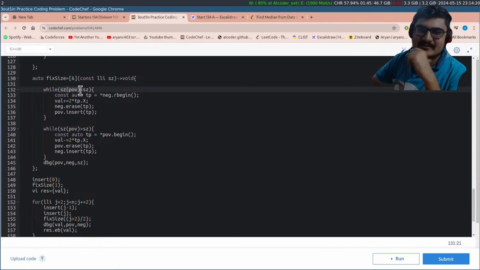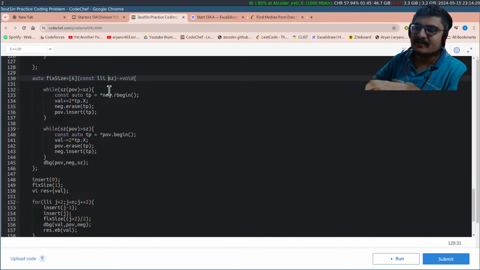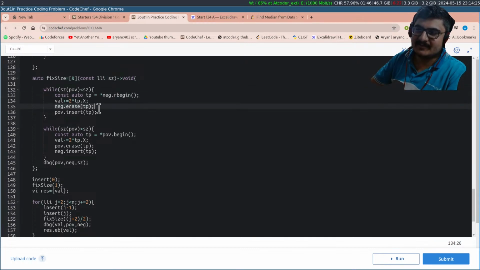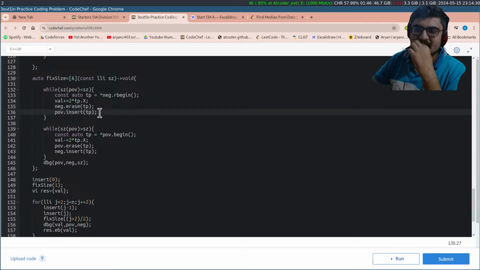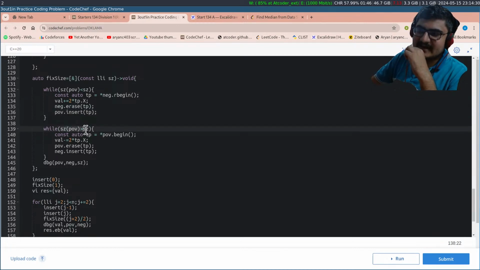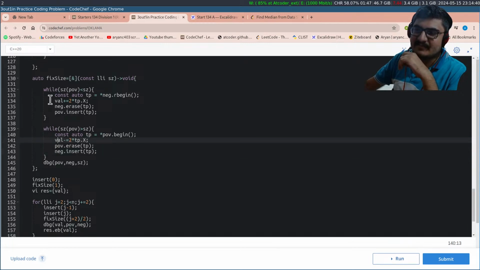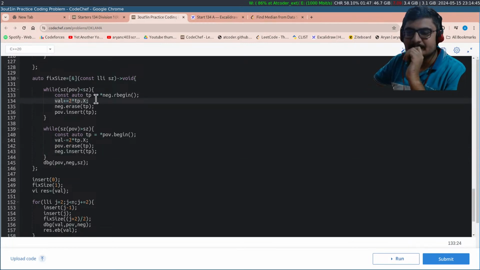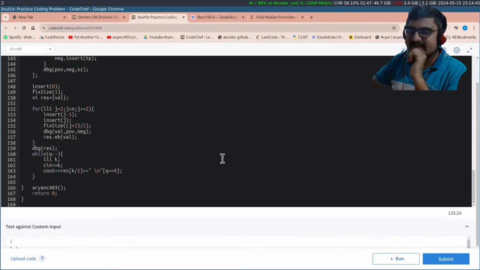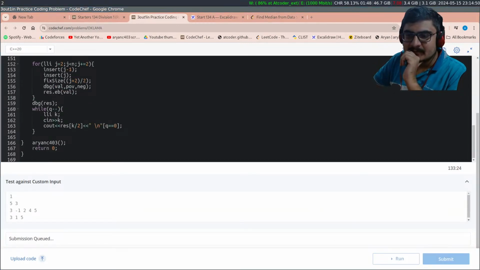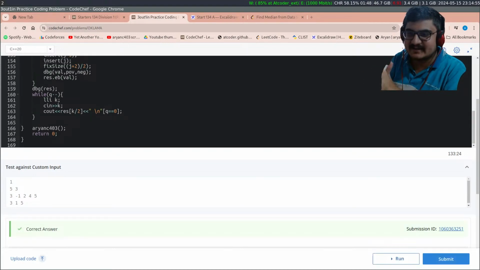If the number of positive elements is less than the required size, we find the largest element in the negative set, remove it from the negative set, and insert it into the positive set. And if the size of positive elements is greater than required, we remove the smallest element and push it into the negative set. Along with that, we update the value to the required value, maintaining the sum we have. Essentially that is the idea for this problem, and this is the correction algorithm.